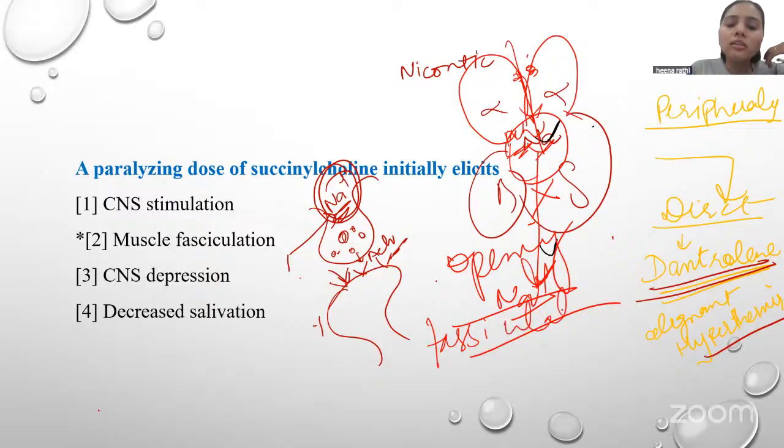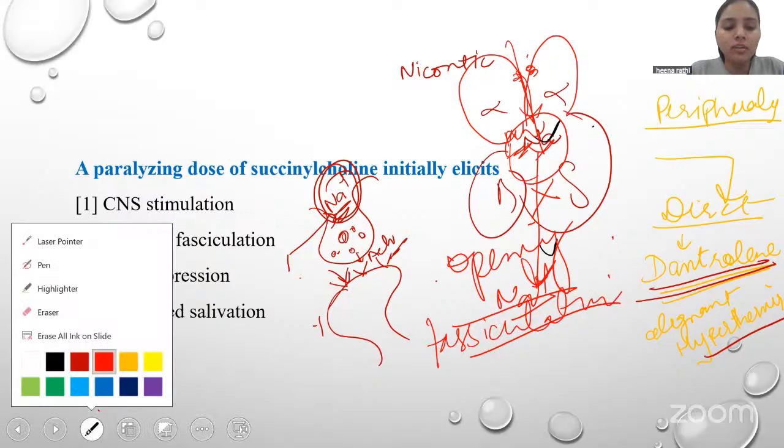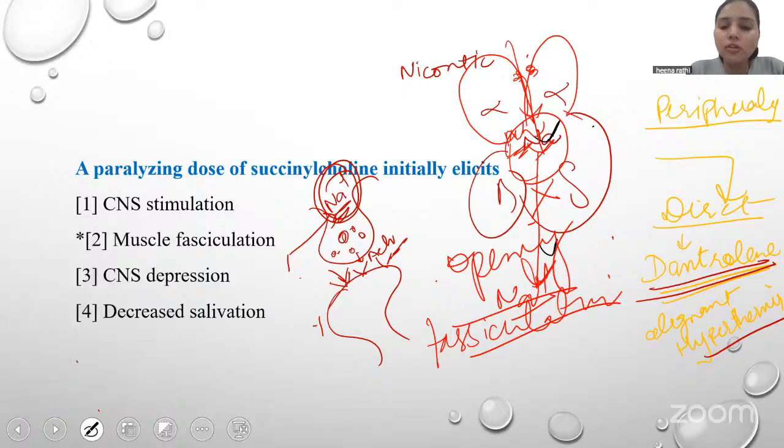But with the continuous presence of this drug at the sodium channel, the channel will get desensitized to it. It is not going to open again. There will be ultimate desensitization of these receptors, which leads to flaccid paralysis of the muscle.